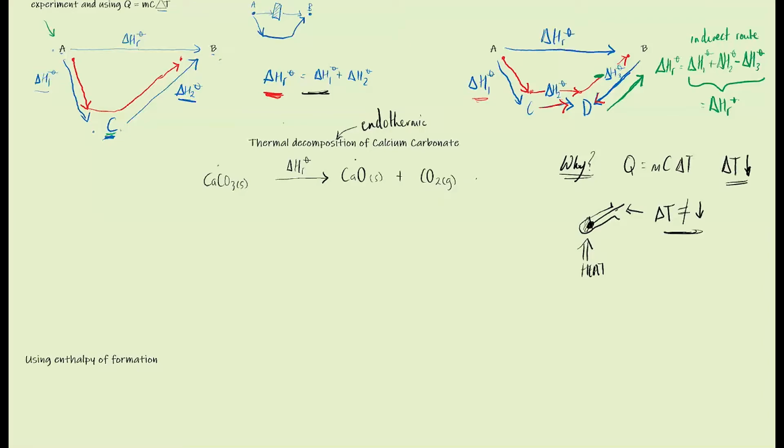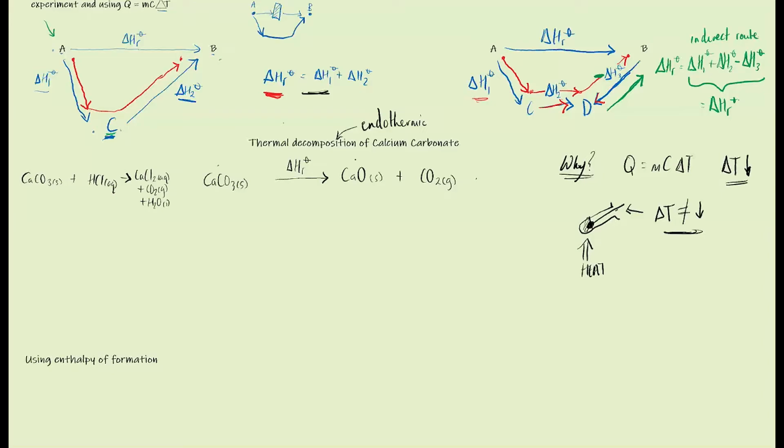If I react calcium carbonate with HCl, I will get calcium chloride, aqueous, plus CO2 gas, and H2O liquid. Okay, those are the things that I'm going to get.